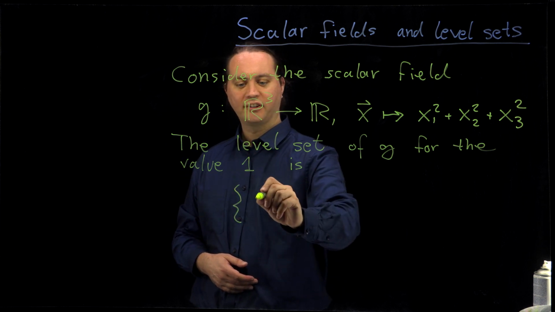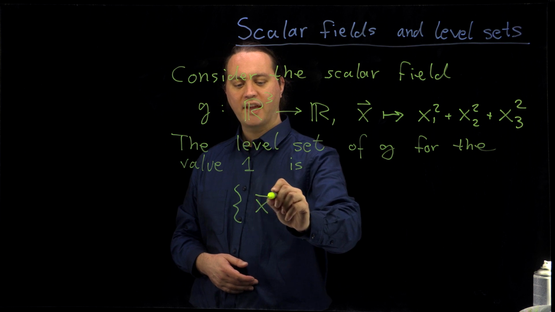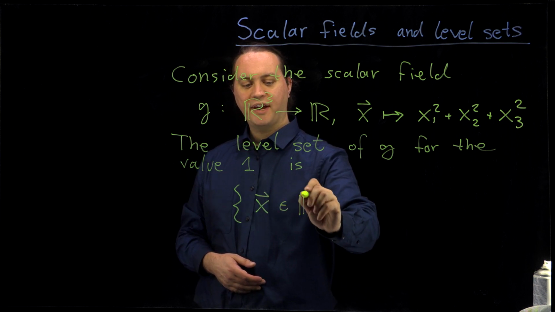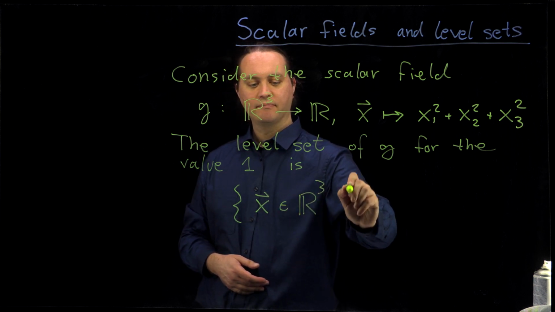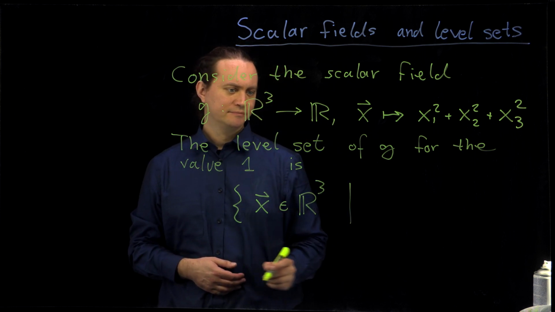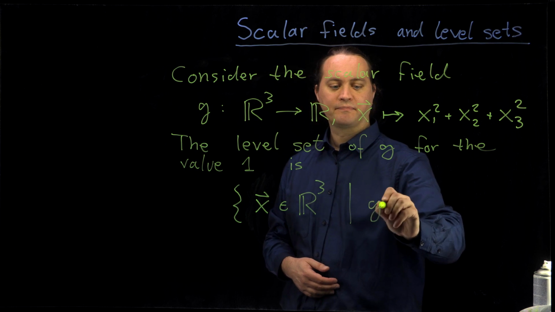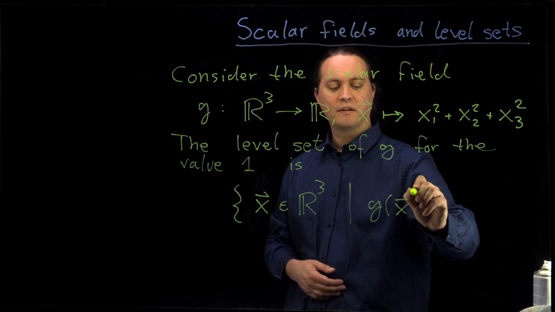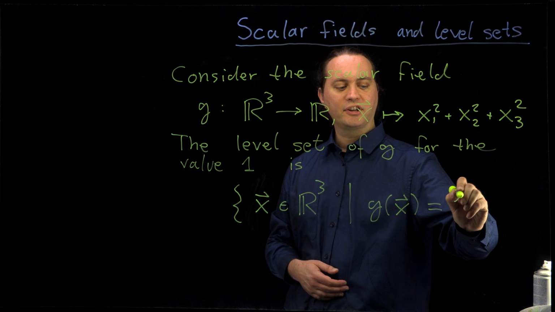We take the set of all vectors x in R to the 3, for which the function g equals 1, meaning g of x equals 1.